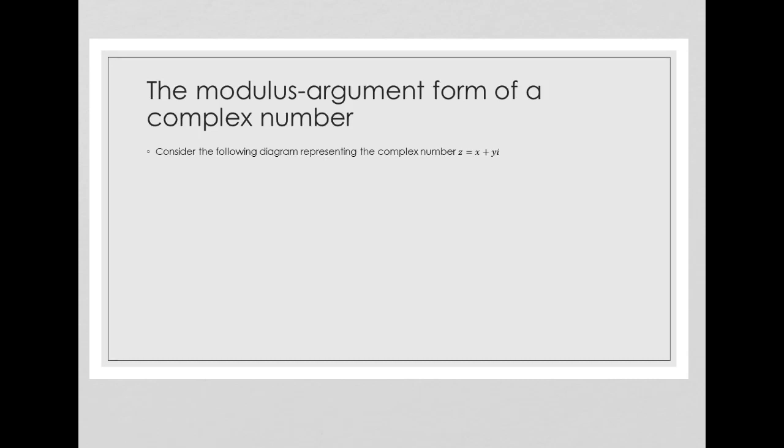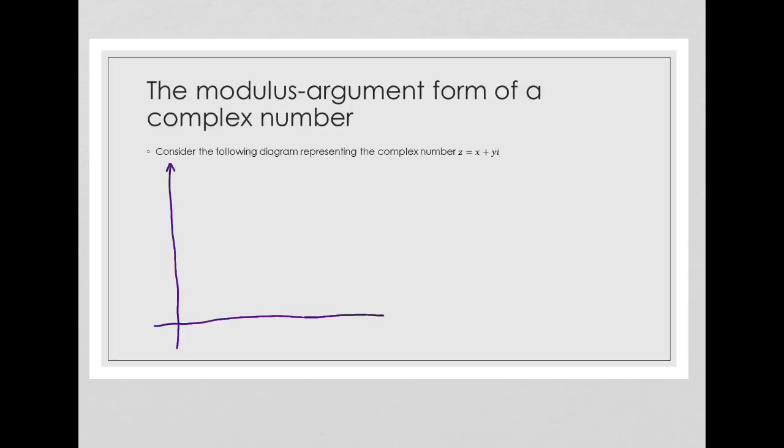Right, in this section, we are going to look at another representation of Z called the modulus argument form of a complex number. Now consider the following diagram representing the complex number. Let's do this diagram again.